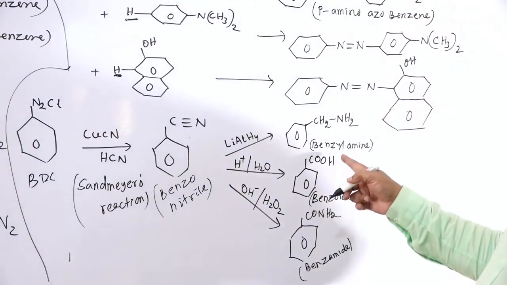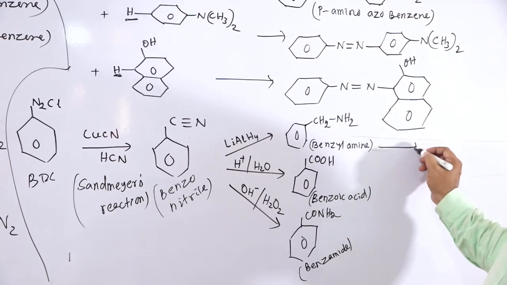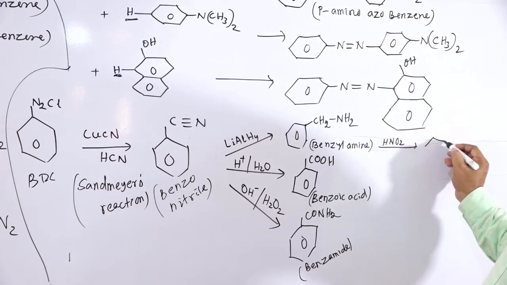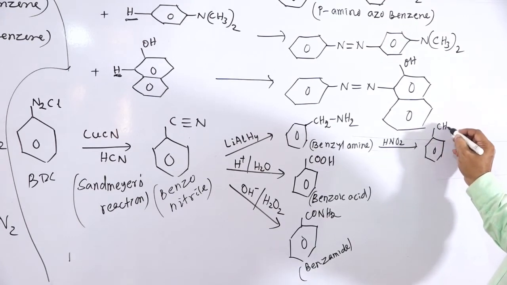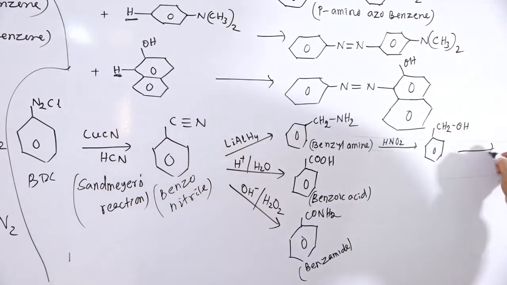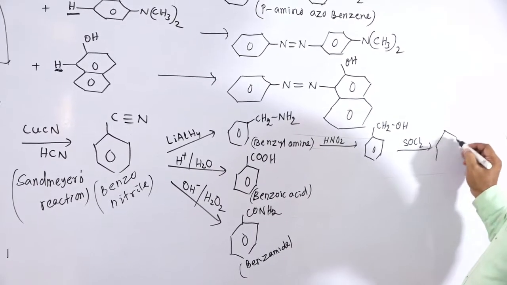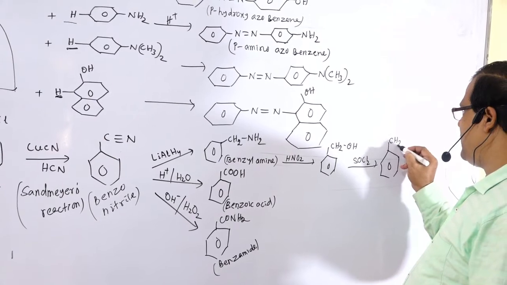So whenever this benzylamine is treated with nitrous acid, HNO2, there is the formation of benzyl alcohol, CH2OH. That, treated with PCl3, PCl5 or SOCl2, gives benzyl chloride.